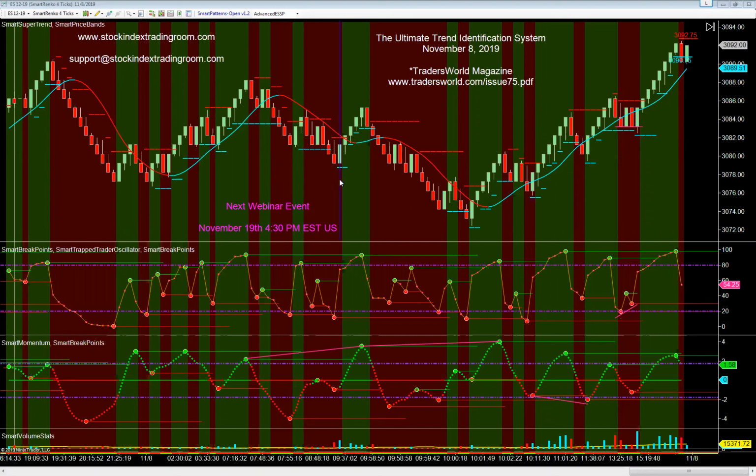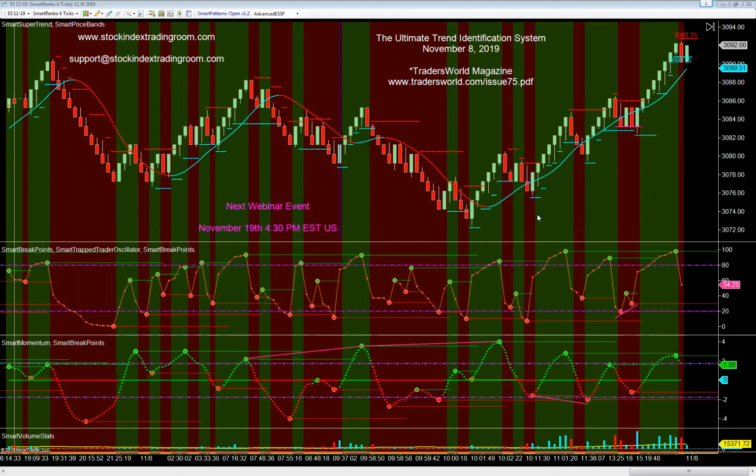So since we have quite a bit to go over, I'm going to go ahead and get started. Our blue vertical line represents the market open. If you're familiar with us and our work, you know that we favor the downside on Friday morning, going into mid-morning where we look for a bottom and then a rally throughout the rest of the day. I'm going to give you a statistic that you may not be familiar with, but if you're going to trade the ES, you should be.